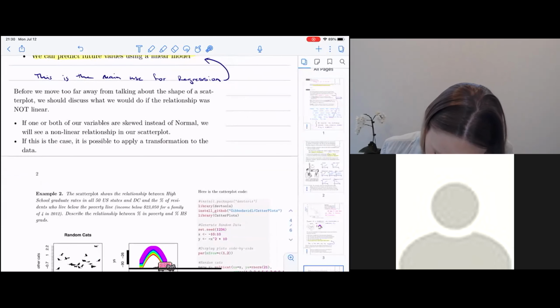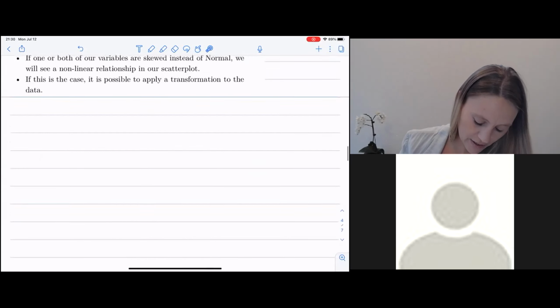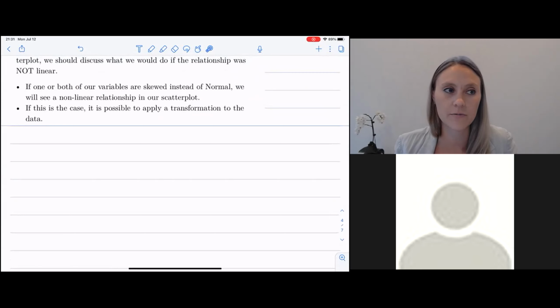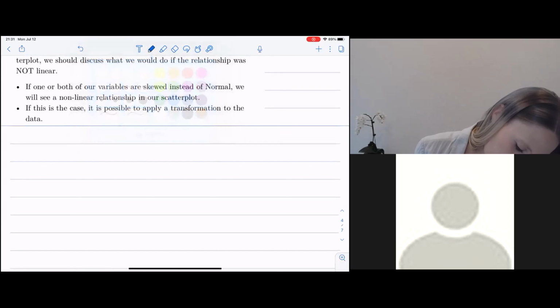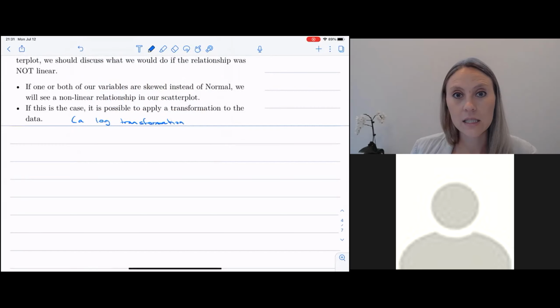And I want to add a page here. There are lots of different transformations. A common transformation that we do is a log transformation. So we take the log of each of the values. A log transformation is common, especially if we are dealing with money.